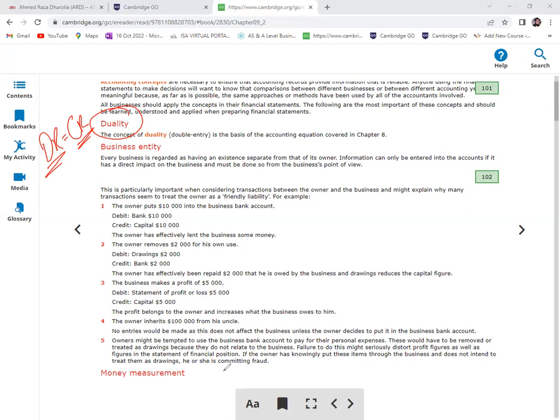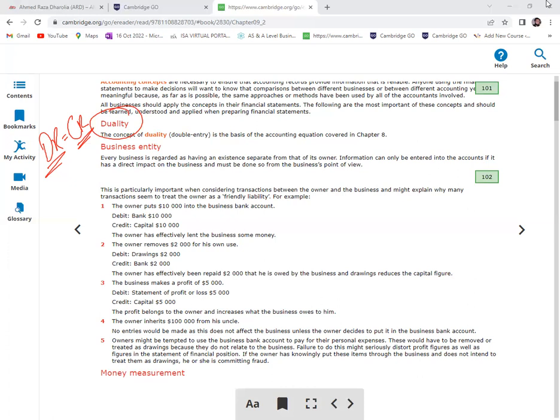Although the business is owned by the owner, because of the separate entity concept, we are treating the owner as a separate entity, and we are maintaining a separate account which is called the capital account. The maintenance of a separate capital account, the concept behind it, is called the business entity concept.